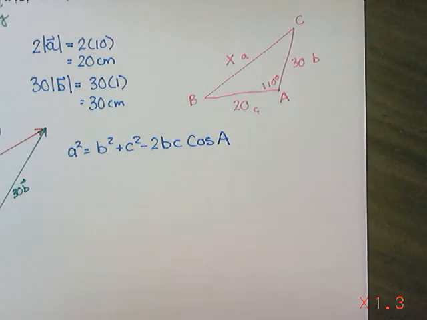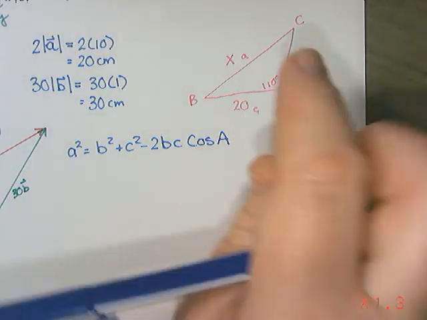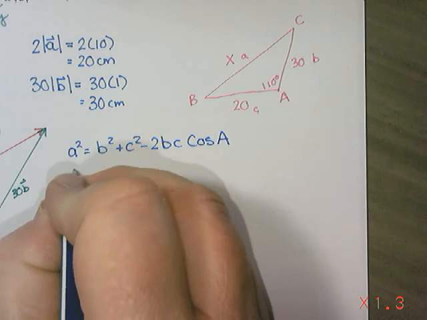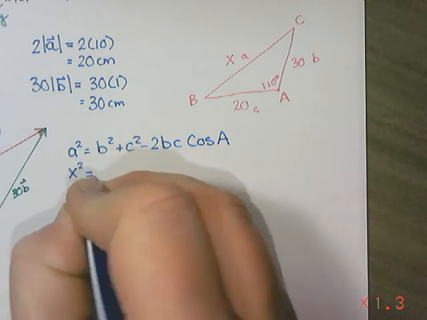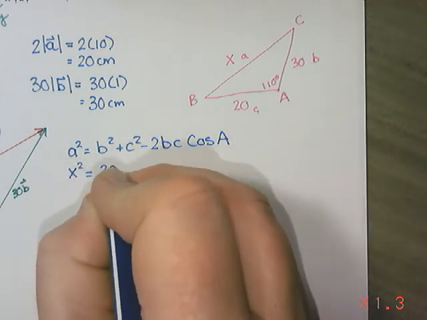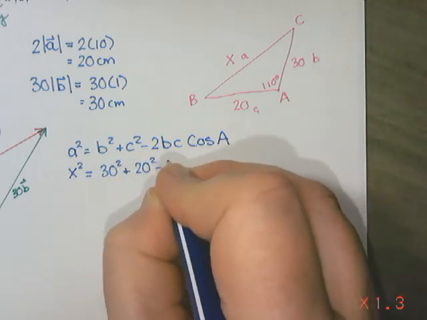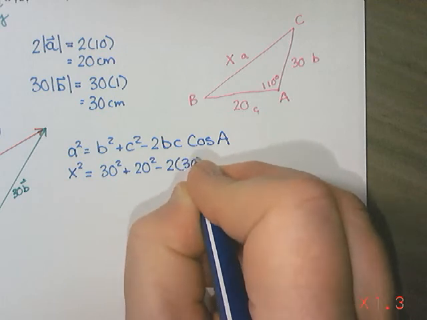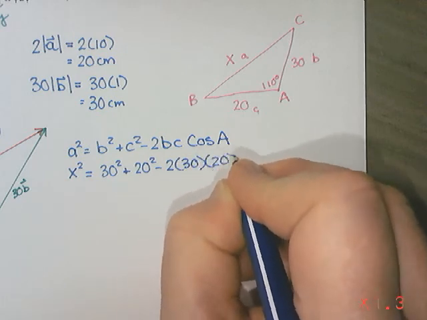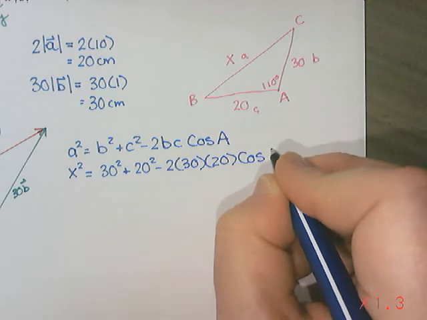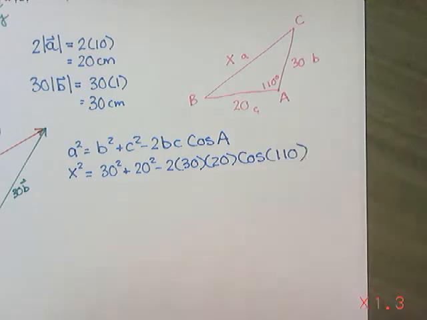Sometimes it helps just to draw the triangle isolated from the diagram so that we're not distracted by all the markings. Okay, so this is going to be x squared equals b, so 30 squared, plus c, that's 20 squared, minus 2 times b, that's 30, times c, that's 20, times cosine of 110.